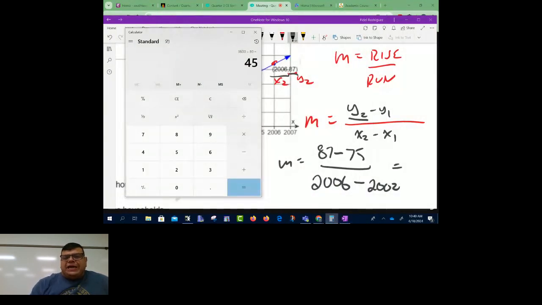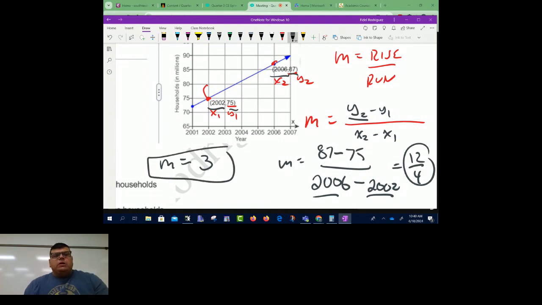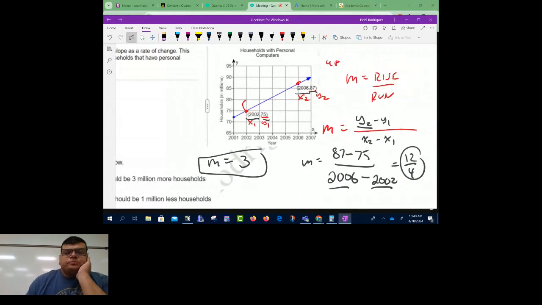I'm going to take my calculator. 87 minus 75 is 12. From 2002 to 2006, that's 4. We can divide that out: 12 divided by 4 gives me 3. But remember, I want you to think about something here. The 75 and the 87 are the number of households in millions.